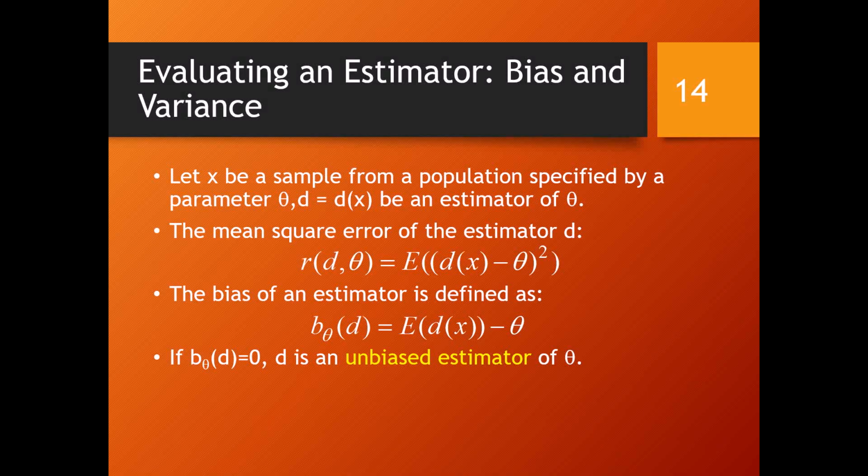So if our estimator is good, then the expectation of d of x will be exactly equal to theta. This is called bias. If the bias is 0, then our d is called unbiased estimator. Okay? This is the definition of unbiased.